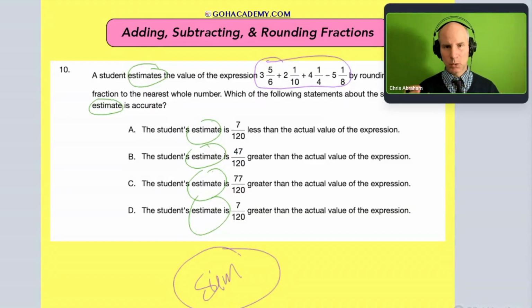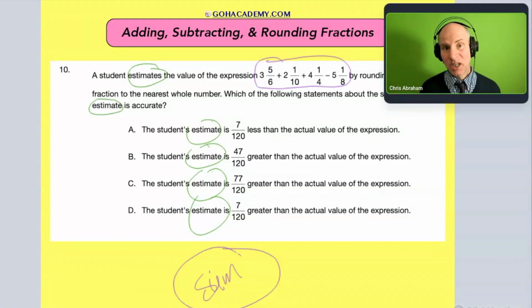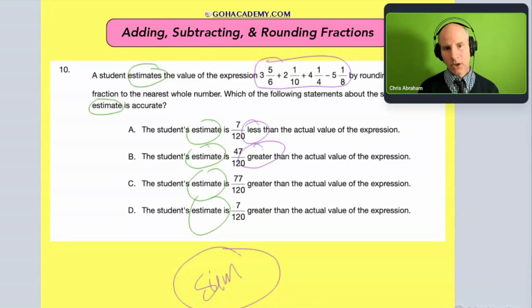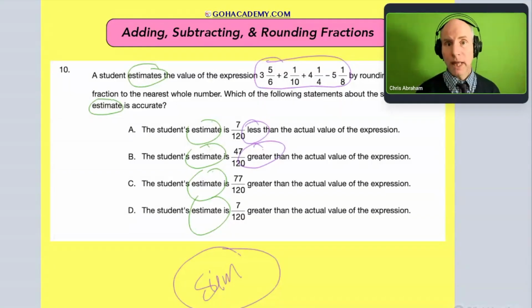We get an actual sum. And our estimate, depending on how we estimate, is going to be either too small or too high, right? It actually uses the language here, less than or greater than. So when we make our estimate, depending on how we round these values up, our estimate is going to be either too great or too small, right?